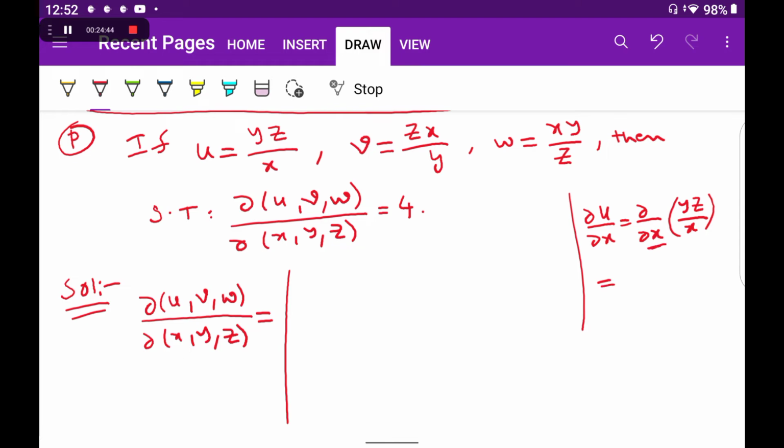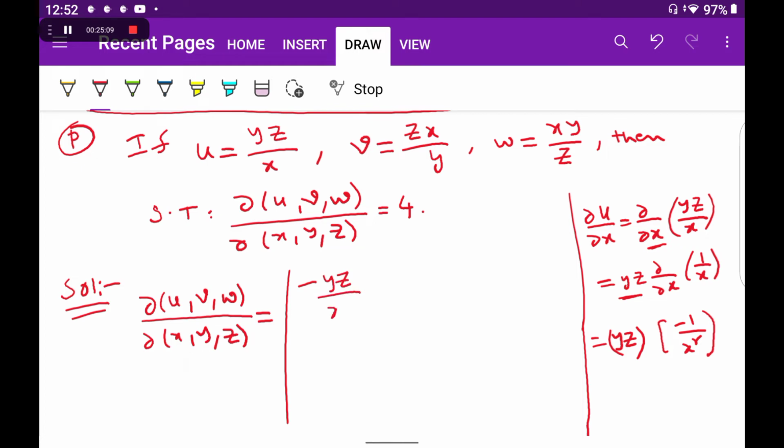Because we are differentiating with respect to x, yz is constant. So dou by dou x of 1 by x. You can take yz out as common. So yz into derivative of 1 by x is minus 1 by x square into derivative of x with respect to x is 1. So minus yz by x square is dou u by dou x.